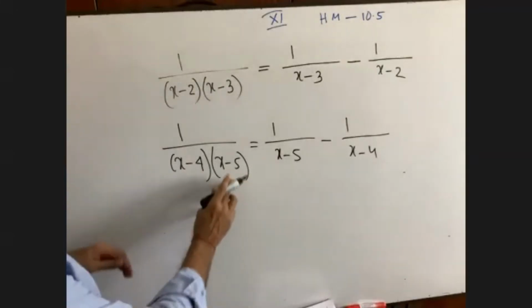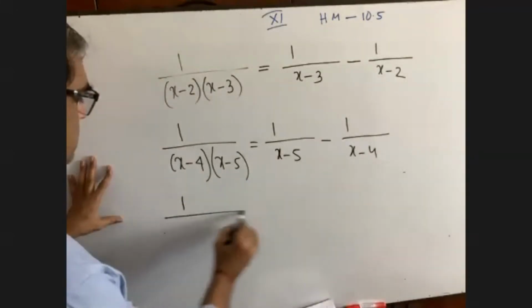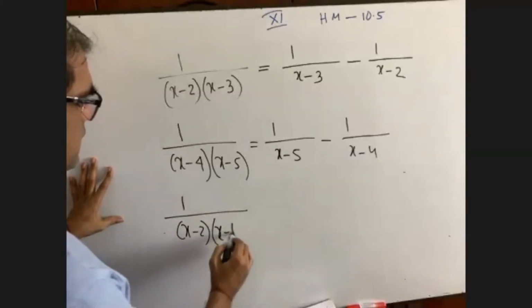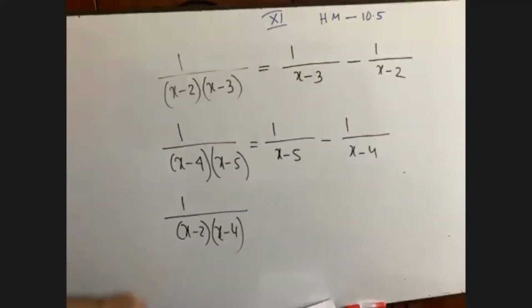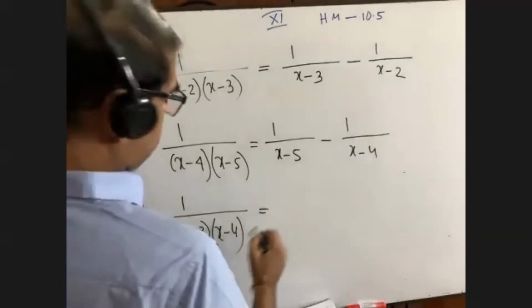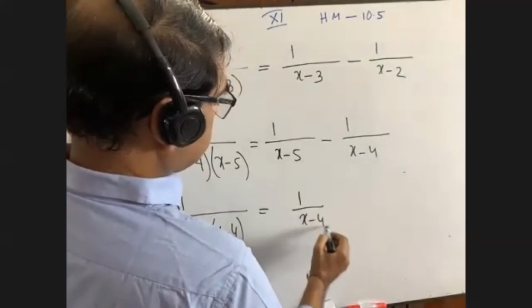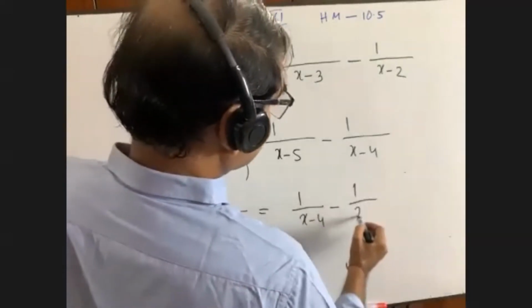But if it is given, suppose 1 by x minus 2, x minus 4, how will you do it? You see, not a matter. x minus 4 will be written at first. x minus 4 minus 1 by x minus 2.